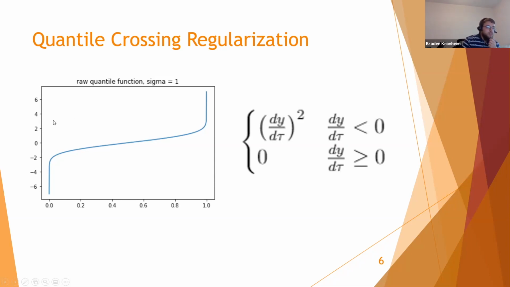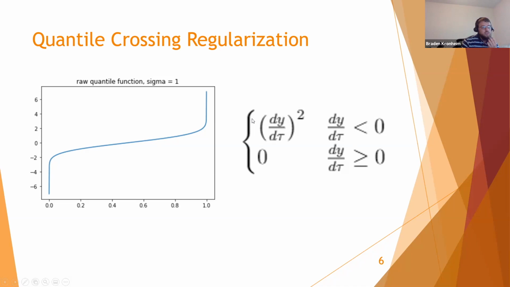So in addition to that base loss function, we also have a regularization term to prevent quantile crossing. When the quantile net is learning essentially all the quantiles, it should be learning some function that looks like this. This is a quantile function for a normal distribution with mean 0 and standard deviation 1. And as you can see, it's monotonically increasing. Well, it's strictly increasing. And it is unphysical, or mathematically not meaningful, for this to have a negative slope at any point.